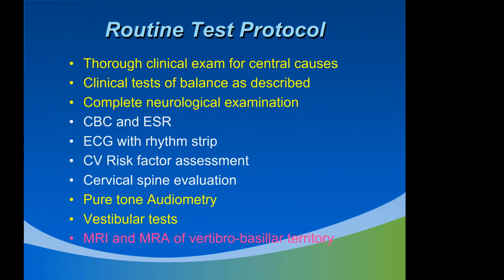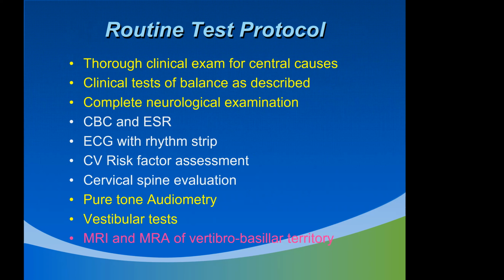Routine test protocols. What are the tests I should order for a patient coming with vertigo? Thorough clinical examination for central causes, clinical tests of balance as described before, complete neurological examination, TC, DC and ESR, ECG with a rhythm strip, CV risk factor assessment, cervical spine evaluation, pure tone audiometry, calorie test and other vertigo factors.